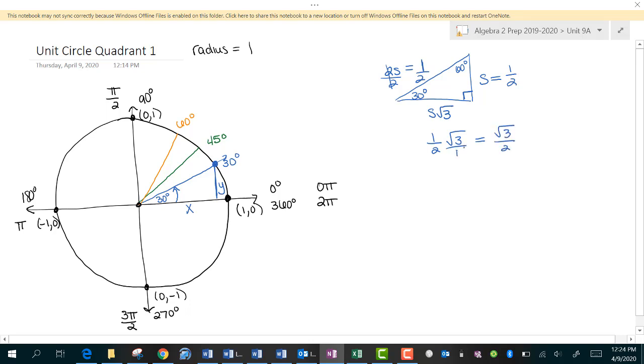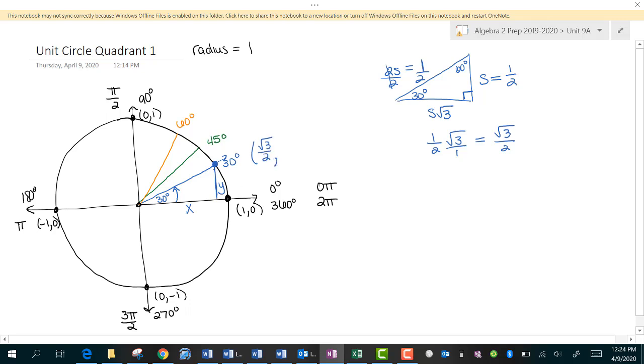Because I can write this as a fraction. 1 times root 3 is root 3. 2 times 1 is 2. So for the coordinate, I go over to the right, so this horizontal distance here, my x, is going to be root 3 over 2.